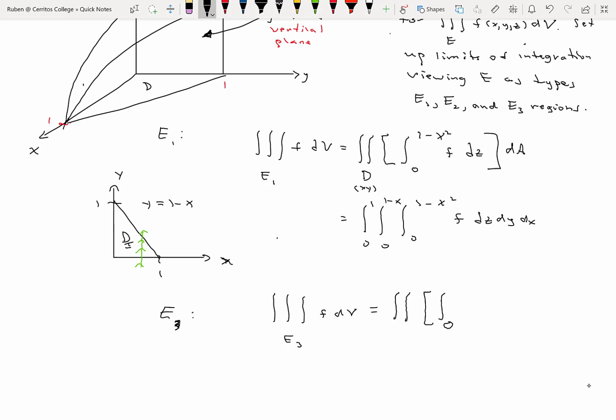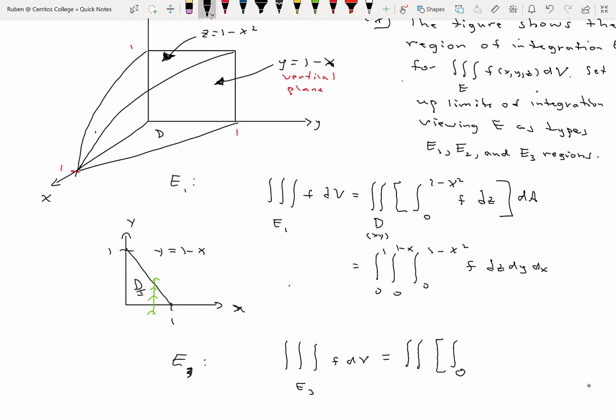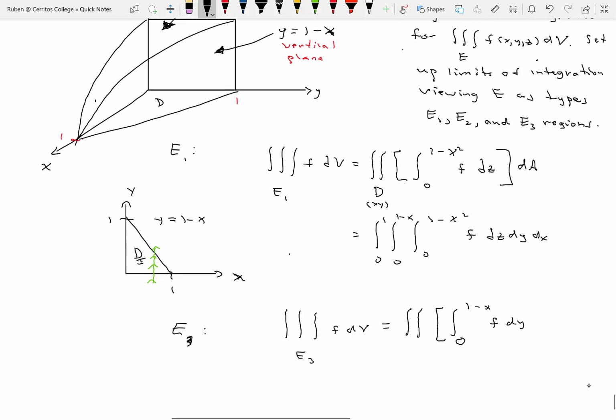The surface on the right is y equals 1 minus x. We're integrating the function from left to right, that's in the y direction, and then we integrate that result doubly, dA, over the projection D in the xz plane.